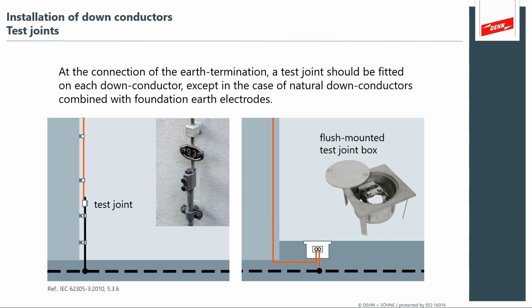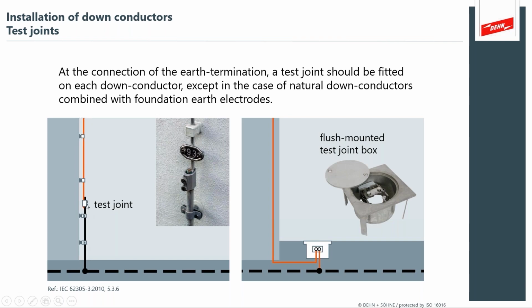You'll have things like test joints and test boxes where you can go back and look at your individual test connection. What's nice about this illustration here is that when you come out to this particular site, you can test this connection with something like a clamp-on meter that will show you that it's connected both upwards into a loop above ground and then downwards into a loop below ground.